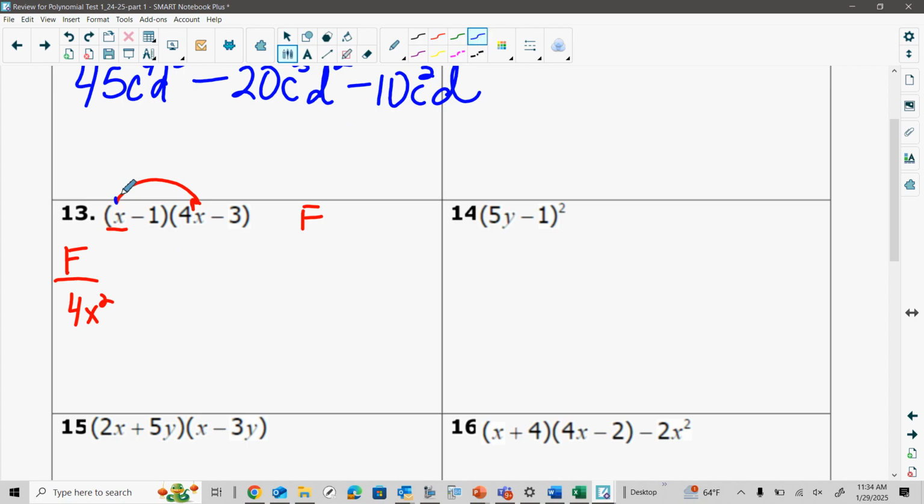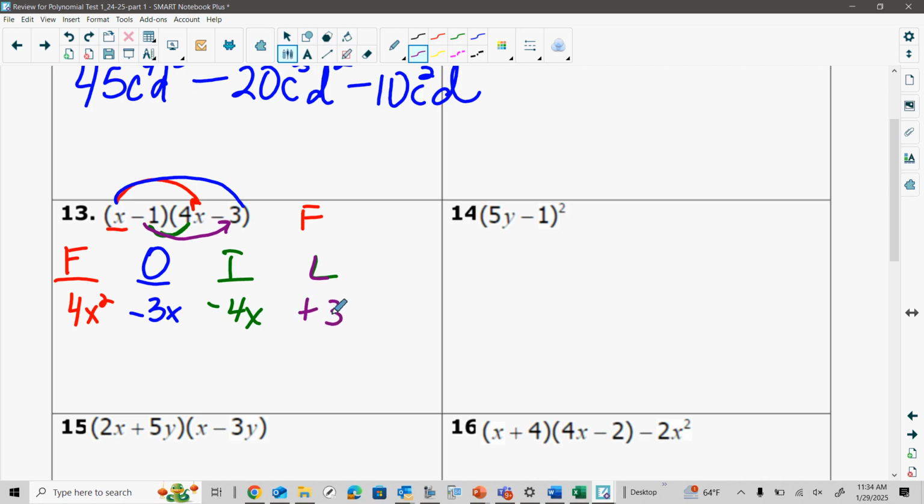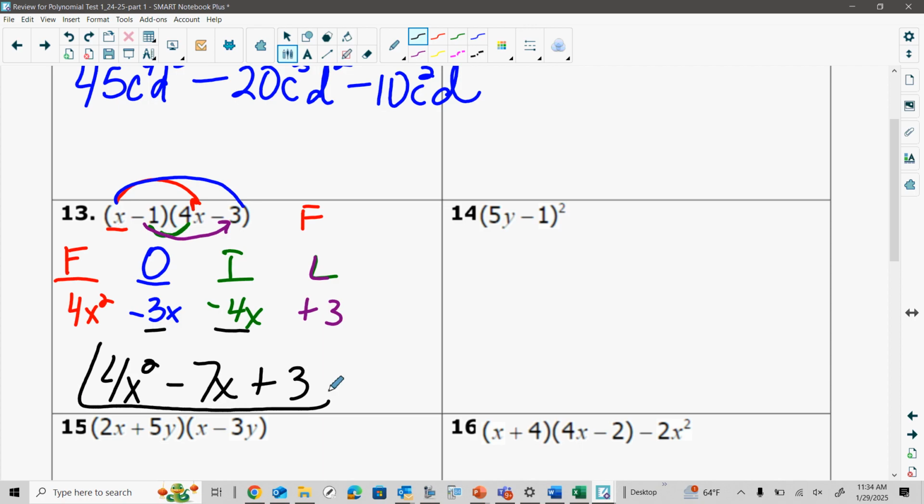Then the outer terms, that's going to be a negative 3x. The inner terms, that's a negative 4x. And then your last term, which is the last numbers, is negative 1 and negative 3. That's a positive 3. You just got to remember to combine your like terms here. So this becomes 4x squared minus 7x plus 3. Okay, so that's pretty much 13 through 16.